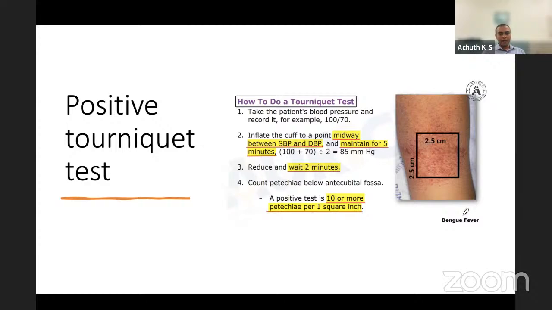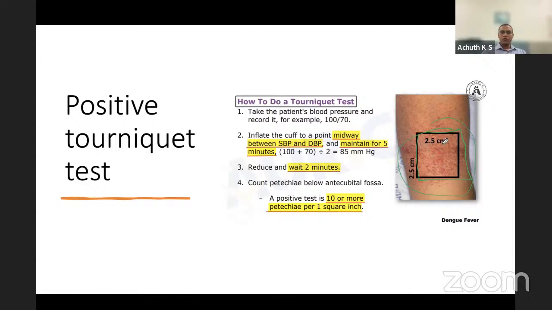That is, maintain the cuff pressure at 85 mmHg for 5 minutes. Release after 5 minutes and wait for 2 minutes. If you find petechiae in a 2.5 by 2.5 centimeter area, that is 1 inch by 1 inch, 1 square inch, and if the petechial dots are 10 or more than 10, then it is positive. That means the platelet level is going down.